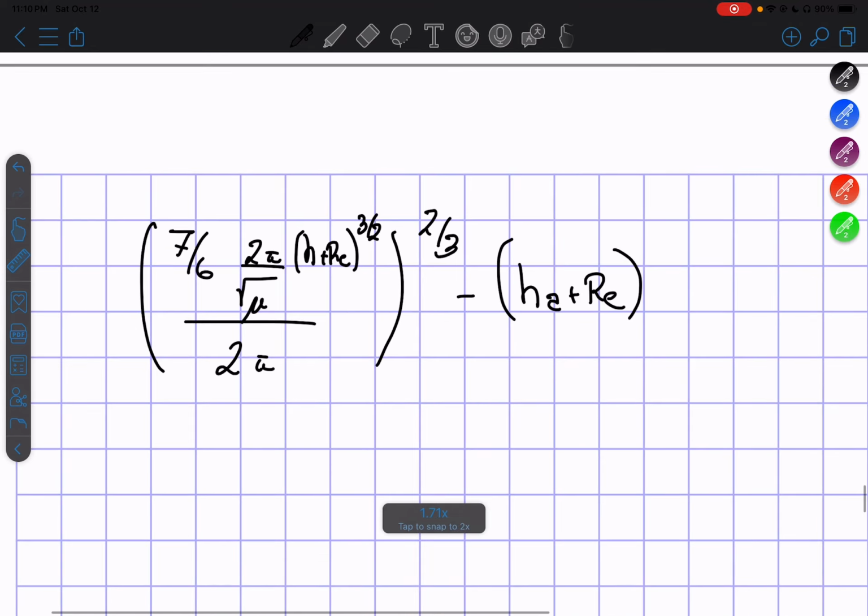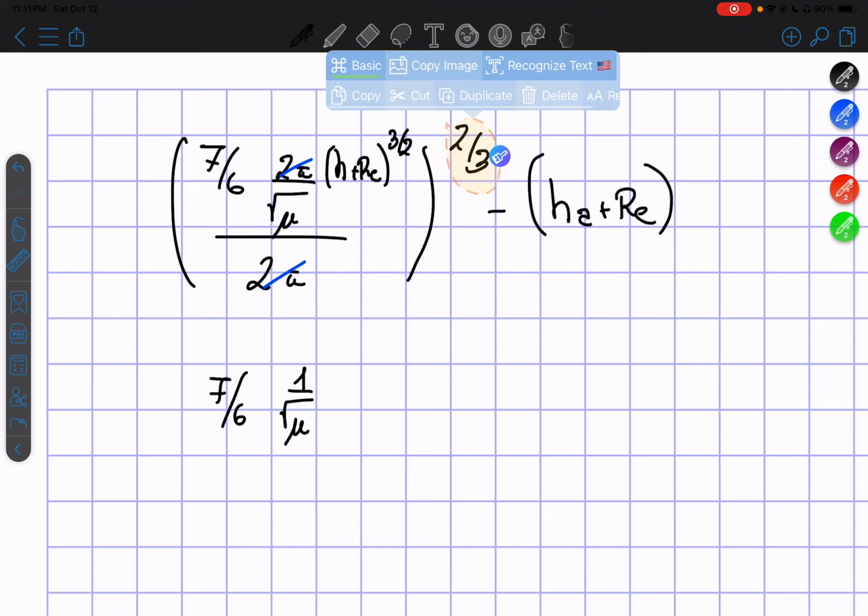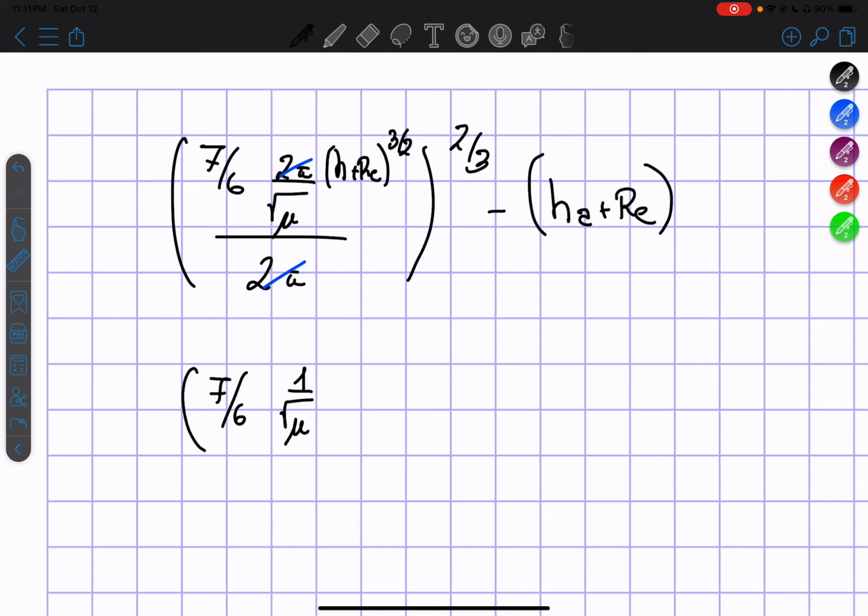Now we can start simplifying some stuff. This part here gets simplified, and then we're left with 7/6 of 1 over square root of mu, and I'm going to take out this part here. Because we have 3/2 times 2/3, it's simply going to be equal to h plus re.